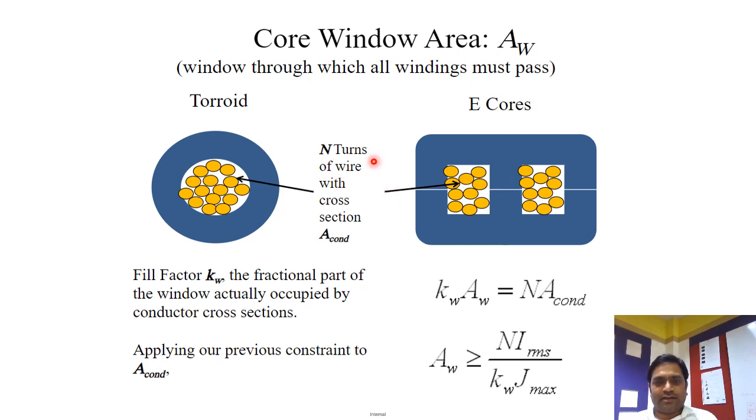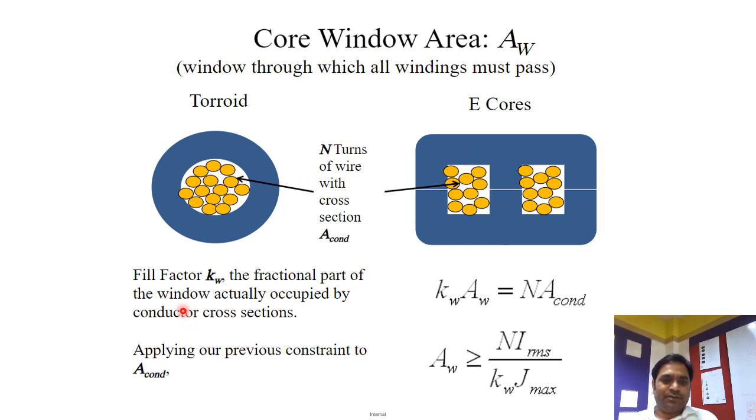Suppose that there are n number of turns of wire with cross section of area A. The winding area which is used for winding will not be completely filled. As you can see, there are certain gaps left out.